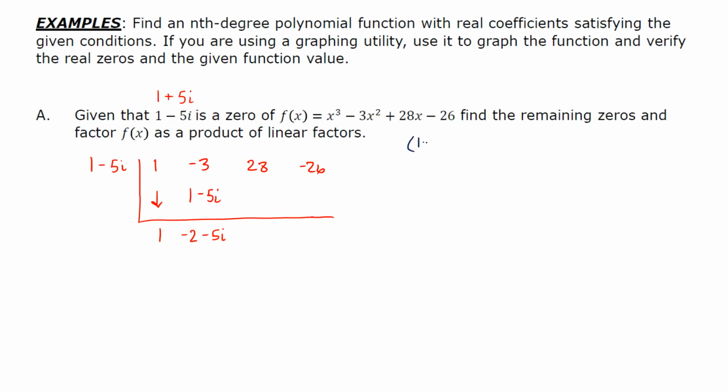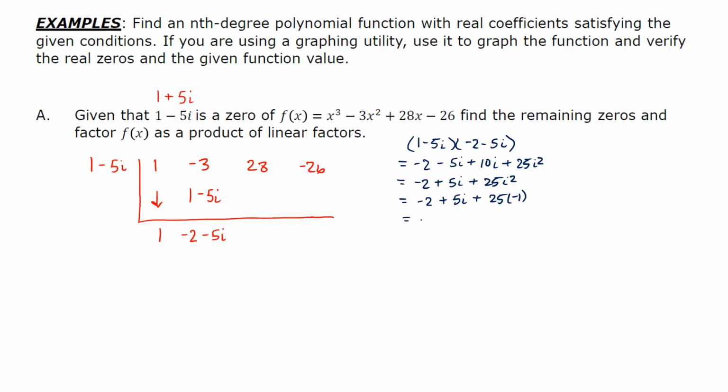So we have 1 minus 5i times negative 2 minus 5i. We'll do FOIL, so we'll get negative 2 minus 5i plus 10i plus 25i squared, which gives me negative 2 plus 5i plus 25i squared. i squared equals negative 1.